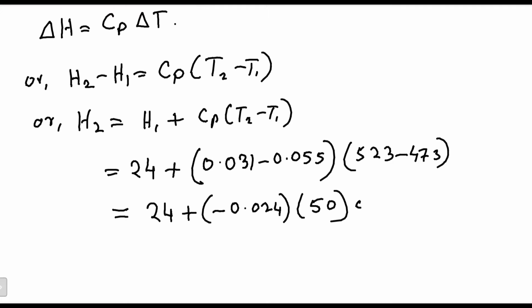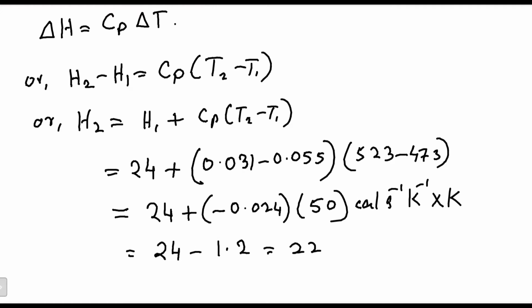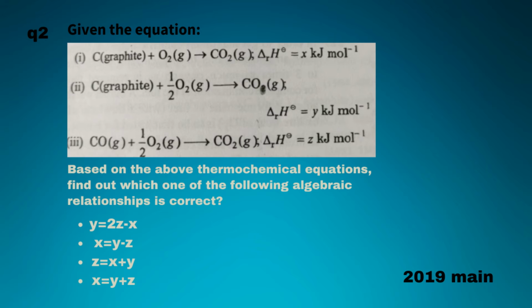So this Kelvin will be cancelled out, and we will be left with 24 minus 1.2, which is equal to 22.8 calorie per gram. So this will be our answer, the enthalpy of sublimation of iodine at 250 degrees Celsius. I hope all of you get this.